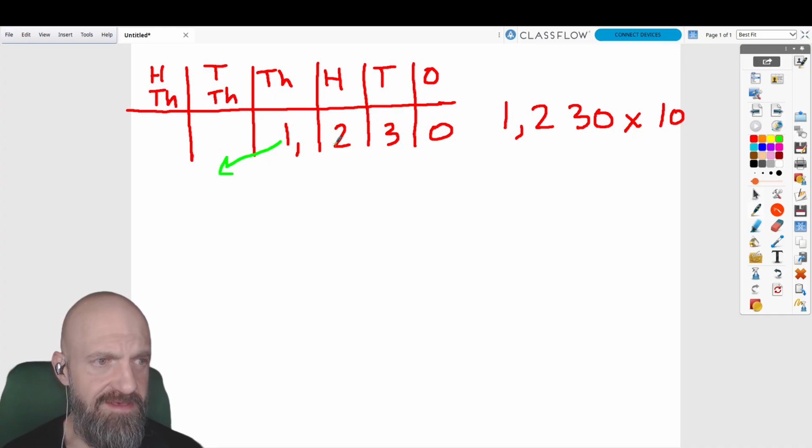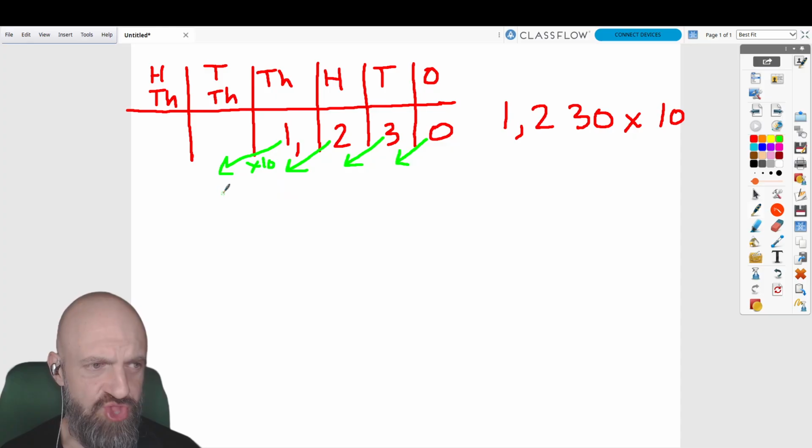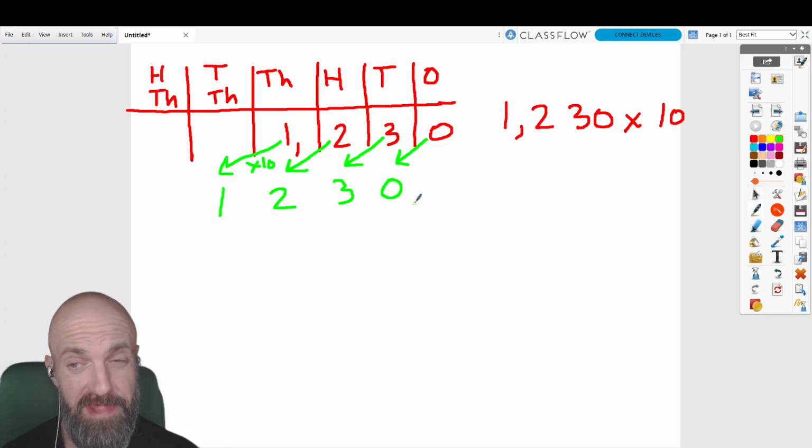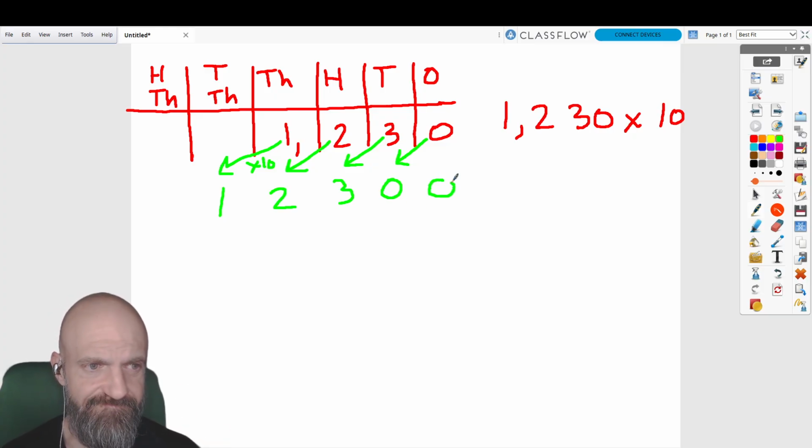So, like that, like that, like that, and like that. All of these are times 10. I'm not going to write the rest, just so you know. So we shift the 1 there, the 2, the 3, and the 0. Now notice we have nothing in that ones place, so we do need a placeholder. We're going to put a 0 there. Let's add in our commas. 1, 2, 3, comma. 1,230 times 10 is 12,300.